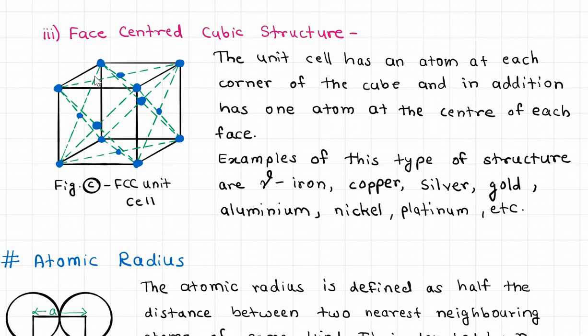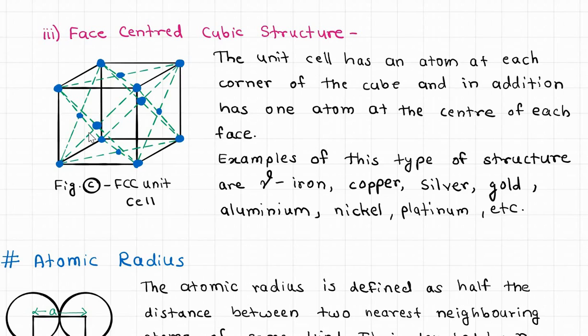In a cube there are 6 faces, so there are 6 atoms placed at the center of each face of the cube. Examples of this type of structure are alpha iron, copper, silver, gold, aluminium, nickel, platinum, etc.